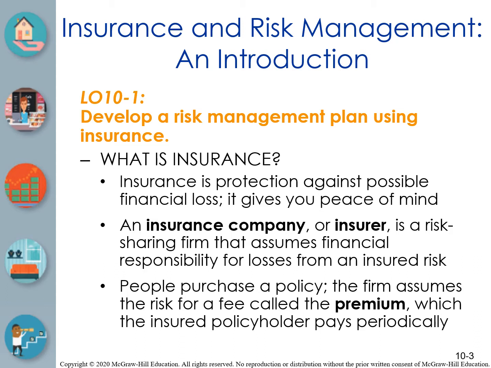An insurance company, or insurer, is a risk-sharing firm that assumes financial responsibility for losses from an insured risk. People purchase the policy, and the firm assumes the risk for a fee called a premium, which the insured pays periodically. So in effect, you're paying a bit every month, and the company that's insuring you is gambling that you'll get through that month without incurring losses that would far exceed that monthly income, if you will, on their side.